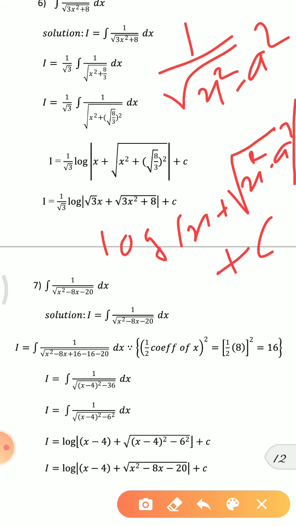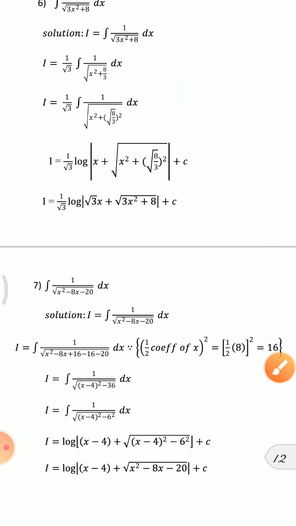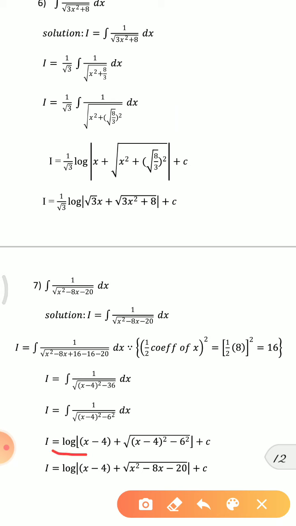This type of integration here, we have to put the value here, I is equal to the integration of (x minus 4) the whole square minus 6 square, that is I is equal to log of mod of, value of x is x minus 4, plus under root of (x minus 4) the whole square minus 6 square, and it is the expansion of this term, that is x square minus 8x minus 20.